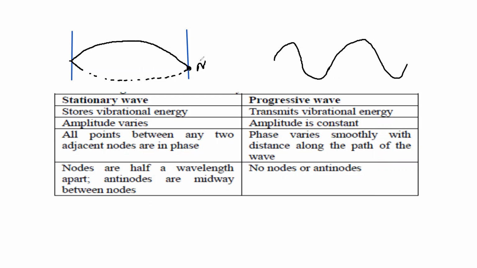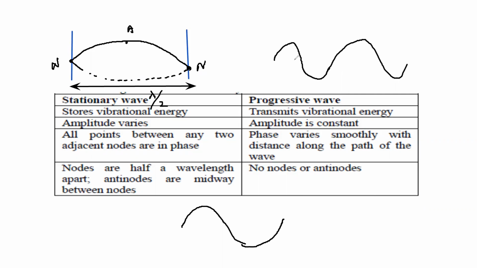So the region where the amplitude is minimum, that's a node, and where the amplitude is maximum, that is an antinode. So the distance between two successive nodes, in terms of wavelength, is half of wavelength. How is it half of wavelength? Look, when I complete, this is one wave.